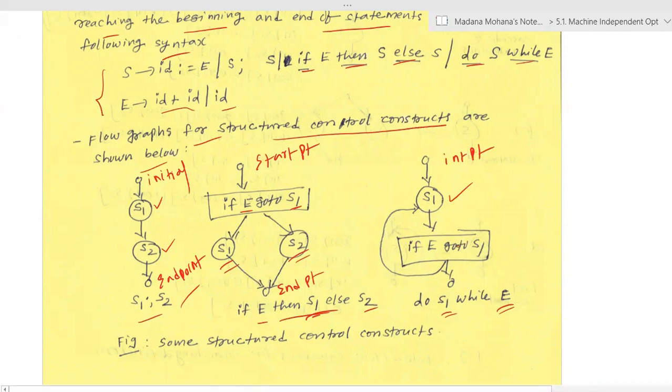We can observe the general form of three address code: only conditional jumps or unconditional go to are used. So only if E expression go to statement 1, so it goes to the loop. It repeats the loop until the condition is satisfied. Then the end point. So these are the flow graph representations of structured control constructs.